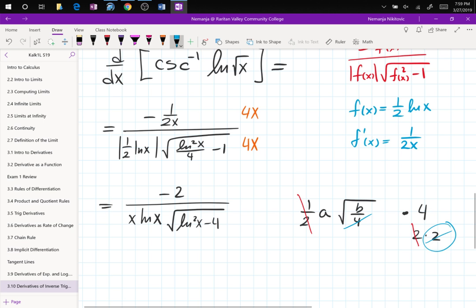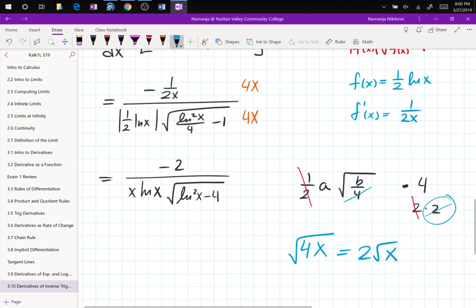So this 2... Bless you. Oh, thank you. So this 2 gets stuffed underneath and becomes a 4. Right? If you have a 4x, that's 2 root x. Well, if you stuff this 2 back inside, it will become 4. So anytime you stuff something under, it picks up a square.